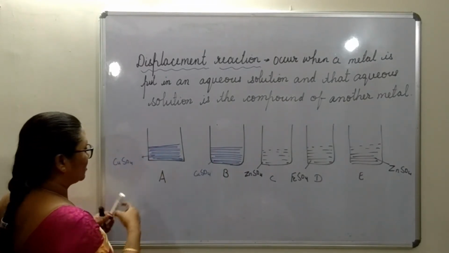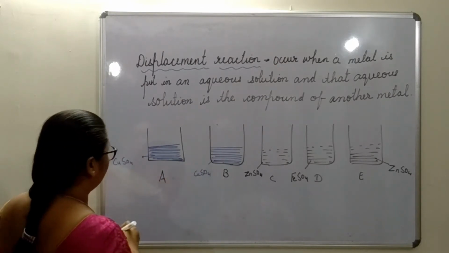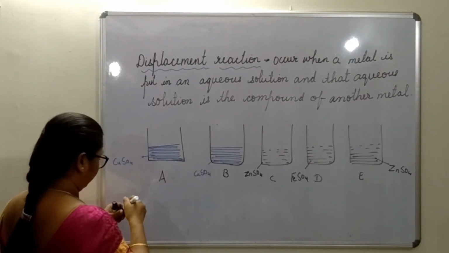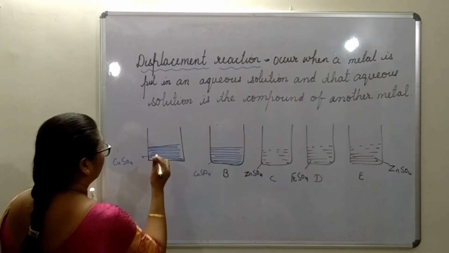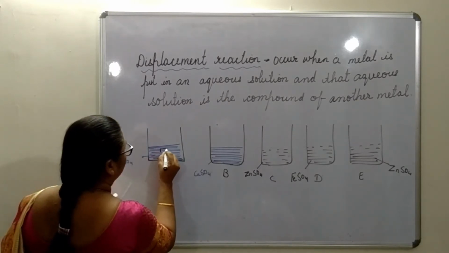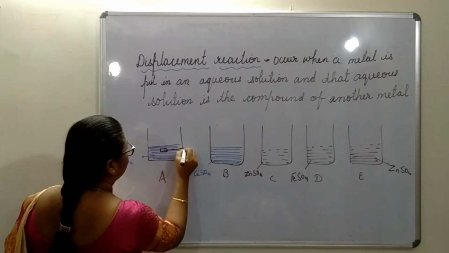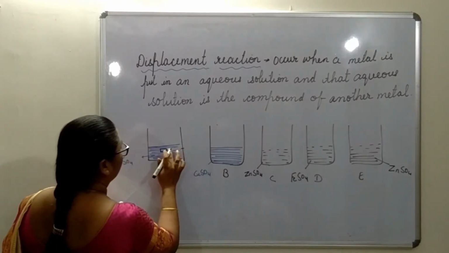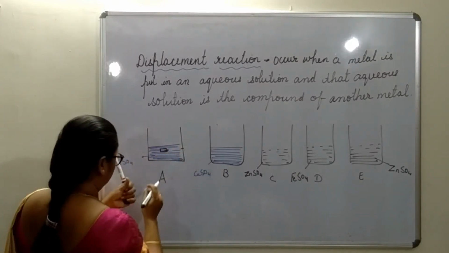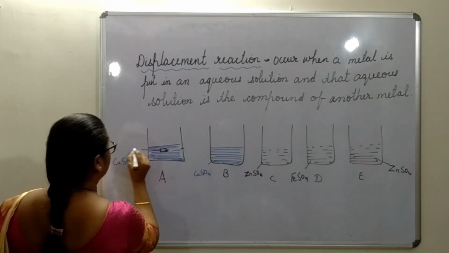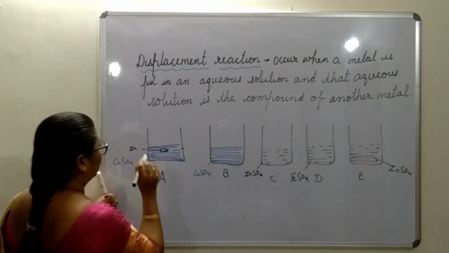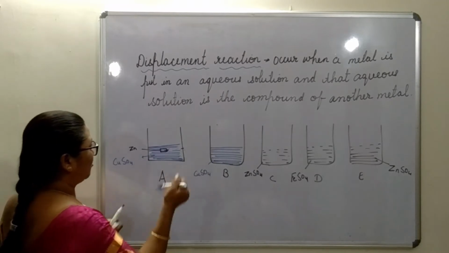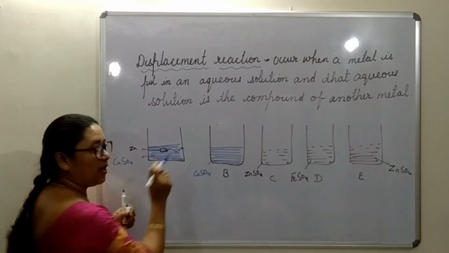Now in the first beaker, beaker A, I will put a piece of zinc. A piece of means maybe a granule of zinc.